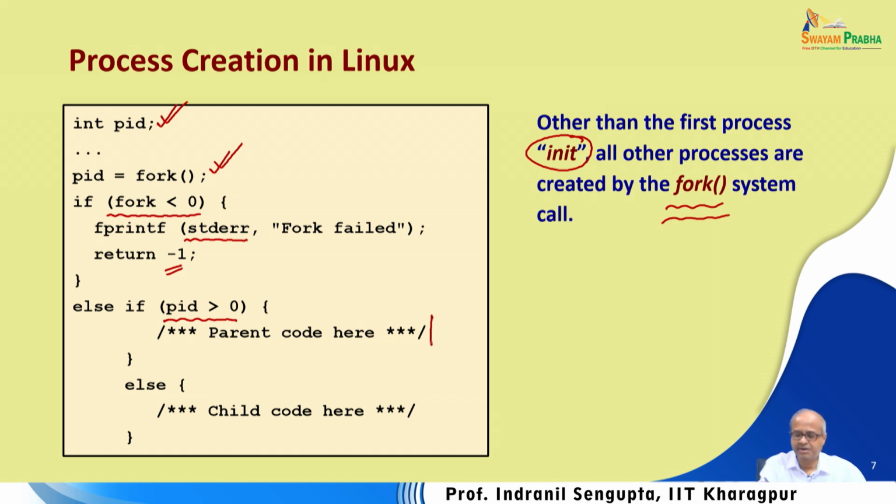So, whatever parent code you want to write, include it here. Otherwise, if PID is equal to 0, because less than 0 you have included, greater than 0 you have included, else means it is equal to 0. If it is equal to 0 it means it is the child process. So, whatever code you want to write for the child process, that you will include here. This is how basically you write a program to create a new process in Linux. Okay.